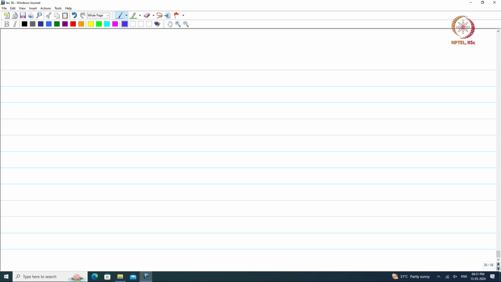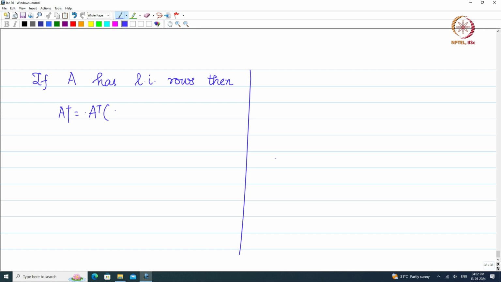So, what are we going to conclude? We are going to conclude that if A has linearly independent rows, then A pseudo inverse is basically A transpose into A transpose the whole inverse.